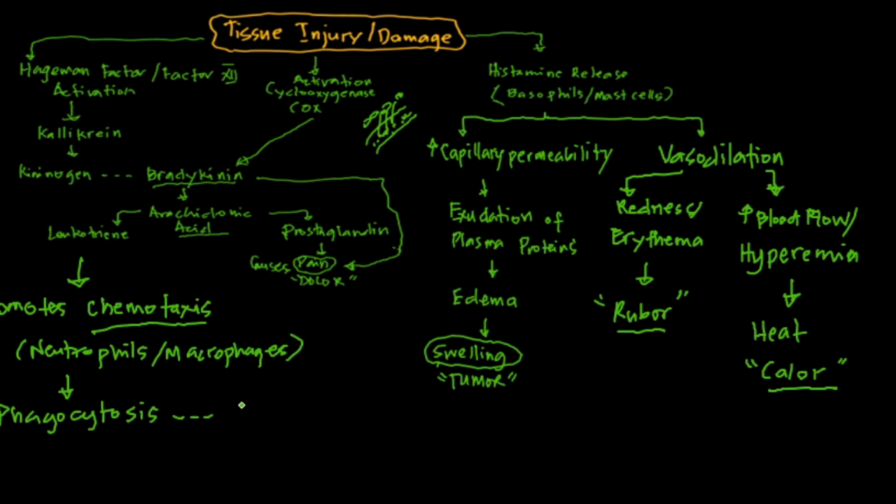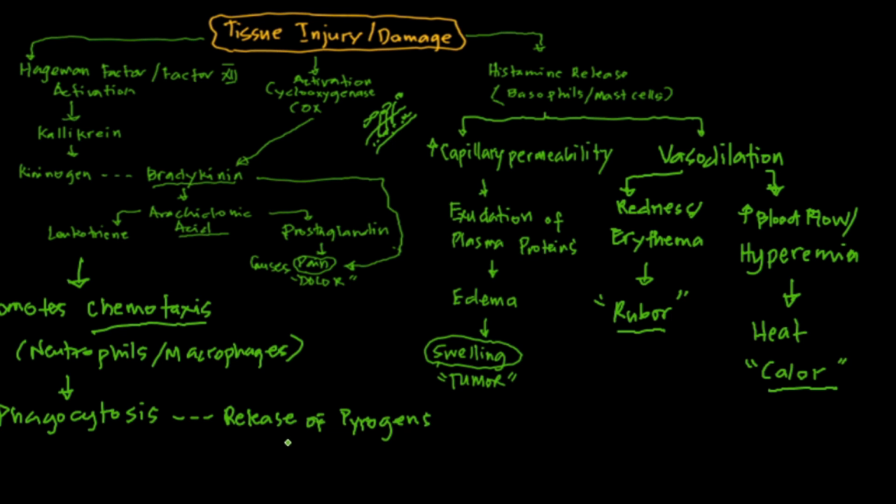So because of this phagocytosis, there is release of pyrogens. Pyrogens are substances or molecules that can cause fever. Okay, they are fever stimulating or fever producing substances.